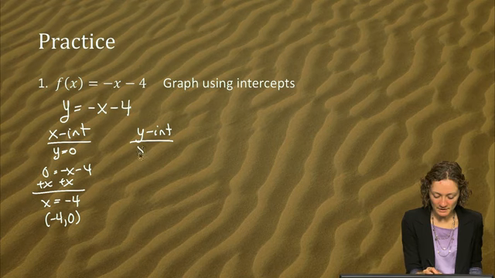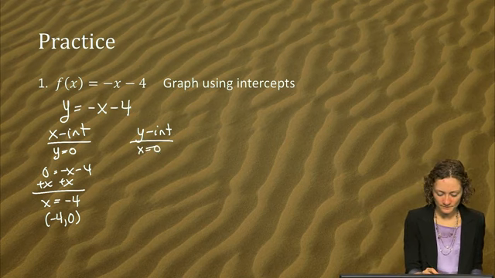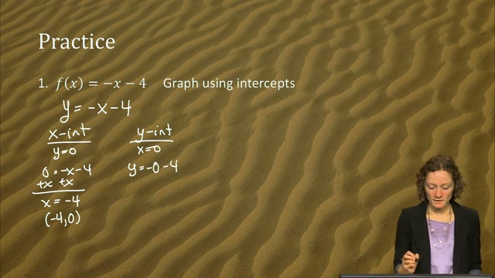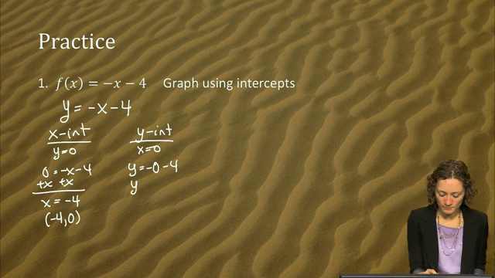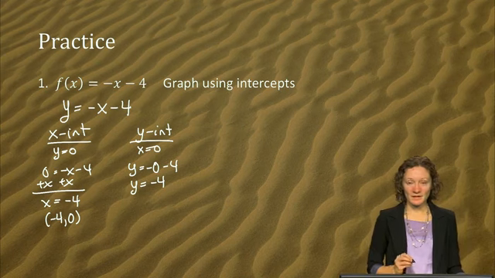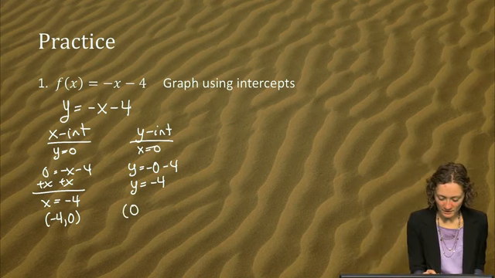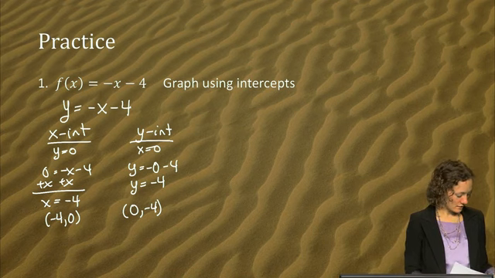Then our y-intercept, set x equal to 0. Negative 0 minus 4. Negative 0, it's just 0. 0 doesn't have positive or negative orientation. We get negative 4. So this ordered pair, 0, negative 4. Good.